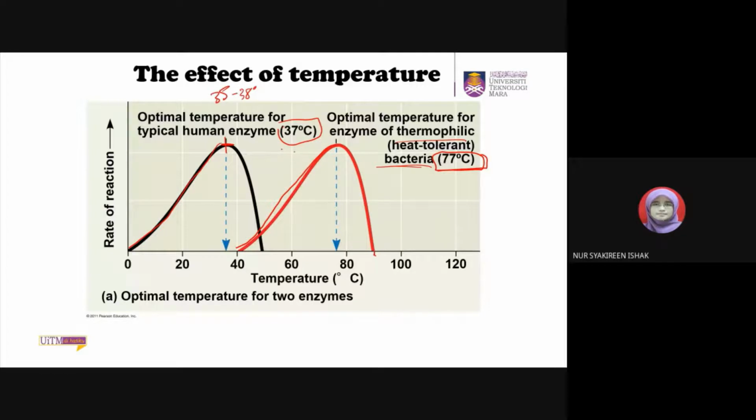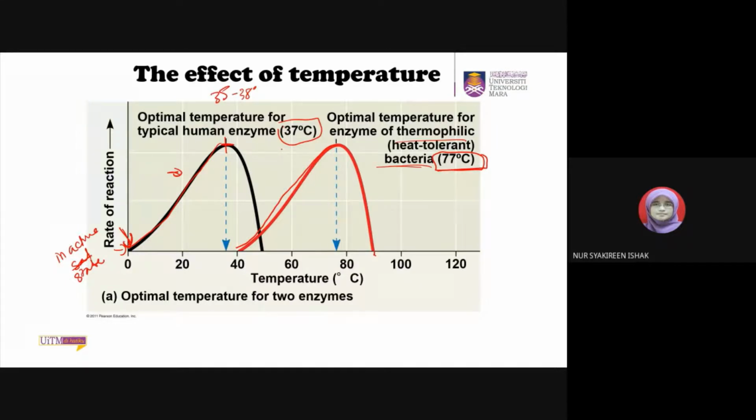Okay, but below the optimum temperature, the enzyme is not denatured. For example, for our human body, if you were to put the enzyme within our body in really cold temperature, such as 0 degrees Celsius, the enzyme is not denatured, but inactive.